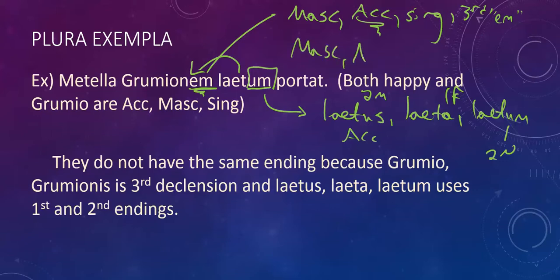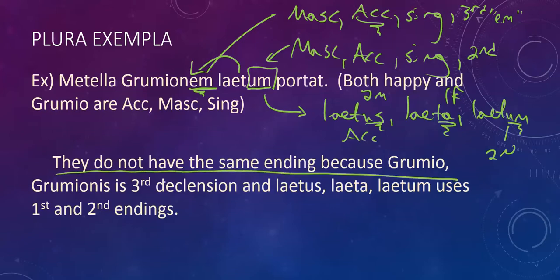So it's masculine, it's accusative, and it's singular. Just like Grumio. But it can't use third, so it's second. So they do not have the same ending because Grumio is third, but lightus, lightum only uses second or first endings.